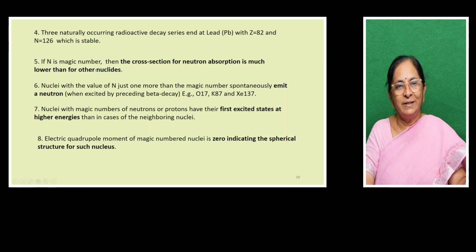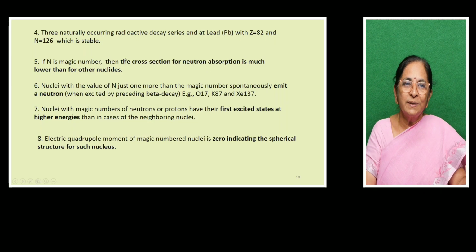Then if N is a magic number, then the cross section for neutron absorption is much lower than for other nuclides. So if the neutron number is a magic number, maybe any one of 2, 8, 20, 28, 50, 82 and 126, the cross section for neutron absorption is much lower, so those nuclei cannot absorb neutrons easily.